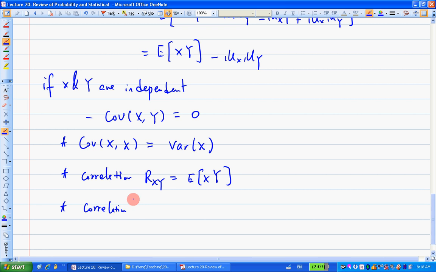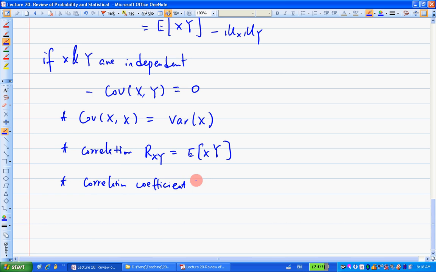Essentially, it's a normalized covariance. It's defined as rho_XY equal to the covariance of X, Y divided by sigma X sigma Y.